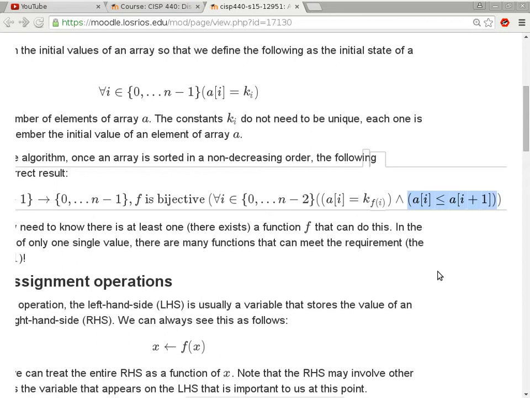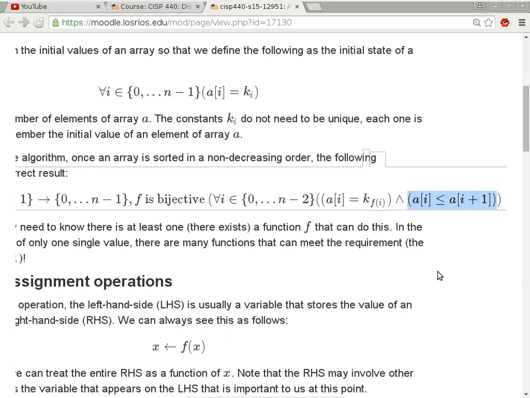But I also said there's a flaw in this particular statement. Where's the flaw? There's one element that is not really accounted for. Which element is not accounted for? You didn't specify that the next element in the array is going to be larger.